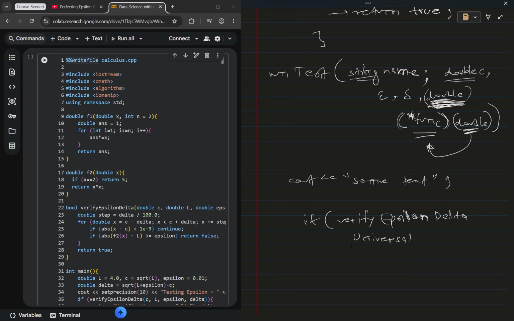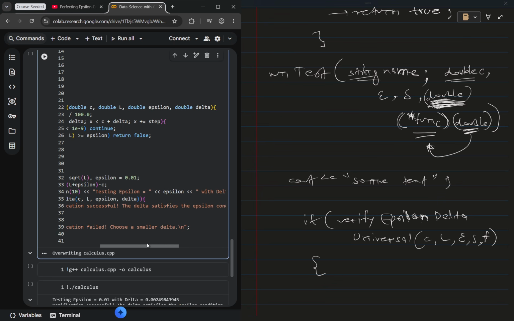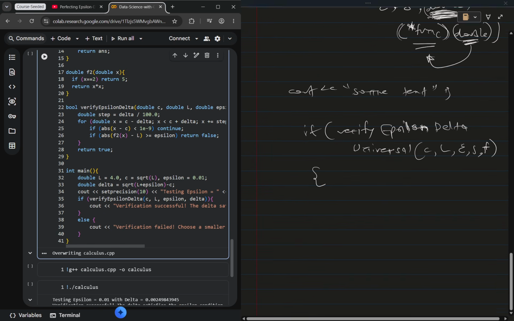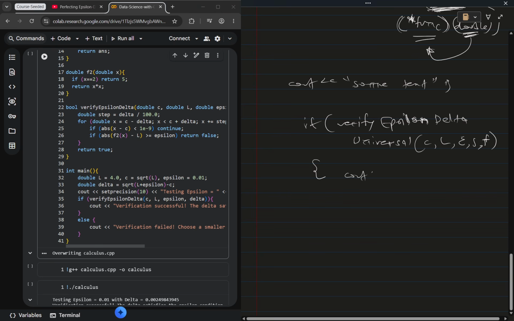Let's say we have this verify epsilon delta universal, where we'll obviously be taking c, epsilon, delta and your function. And then after that we can just cout verification successful.